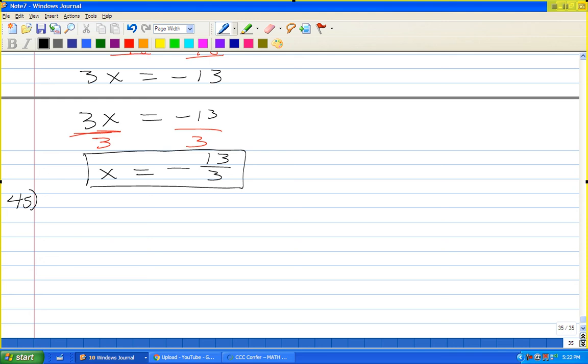40 over 25 minus x squared plus 5 over 5 plus x equals 4 over 5 minus x. So let's factor.